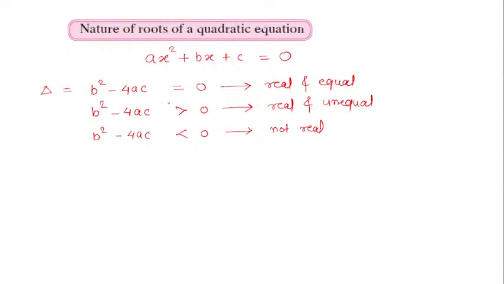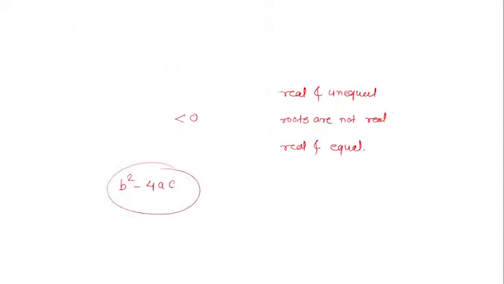If b square minus 4ac is greater than 0, that means it is a positive number, then the roots are real and unequal. And if the value of the discriminant is less than 0, that means it is a negative value, then the roots of the quadratic equation are not real. So these are the three possibilities for the nature of roots. Up to this we have studied yesterday.